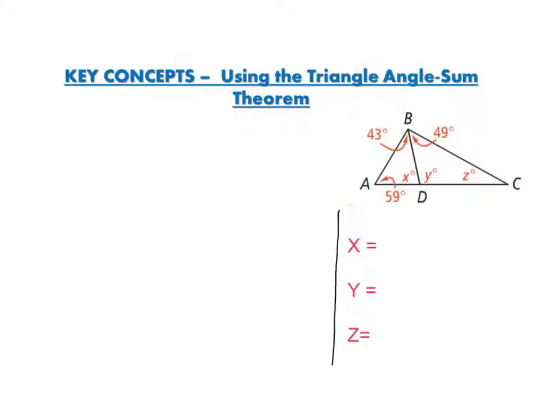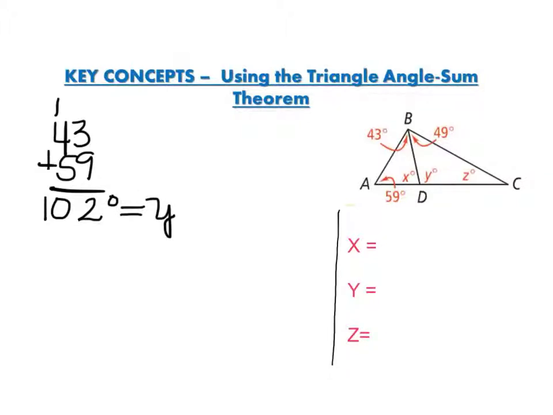You can also do it by adding these two angles and subtracting it from 180, but I'm going to add these two angles to get Y. So I take 43 plus 59, and I get 102. So 102 degrees is what Y is.